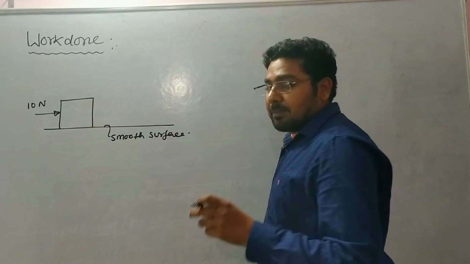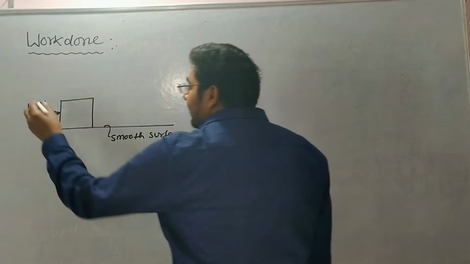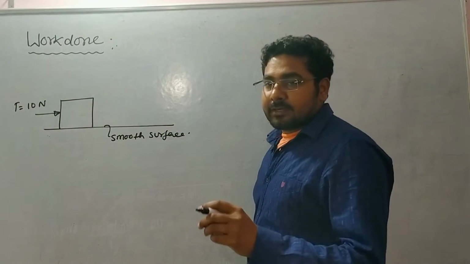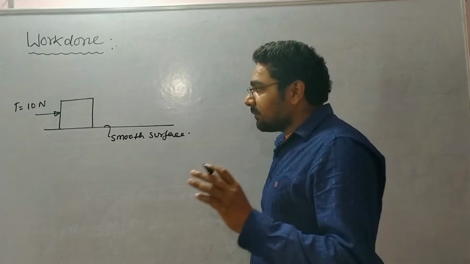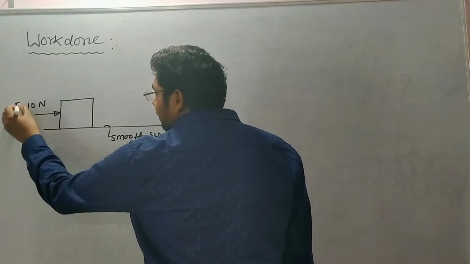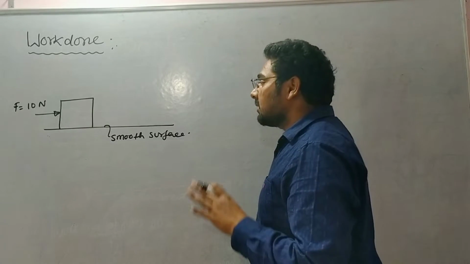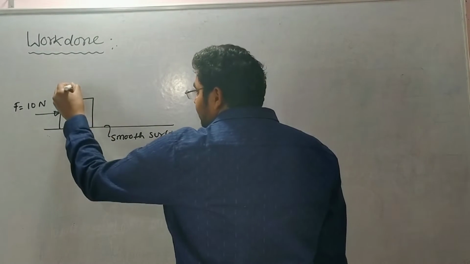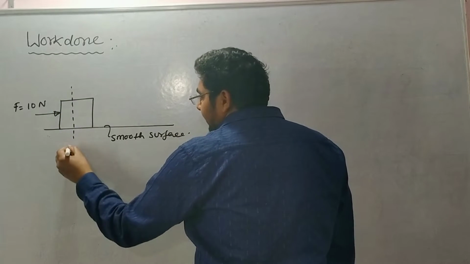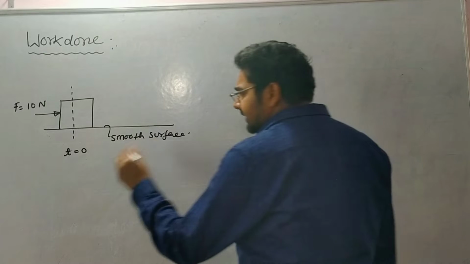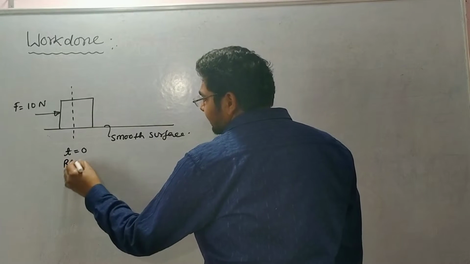This 10 Newton force is constant in magnitude with reference to time, which means this is a constant force. This force is not varying with respect to time in this particular case. Because of this force, let's say at t equals 0, the position of this block is this, and currently it is at rest.